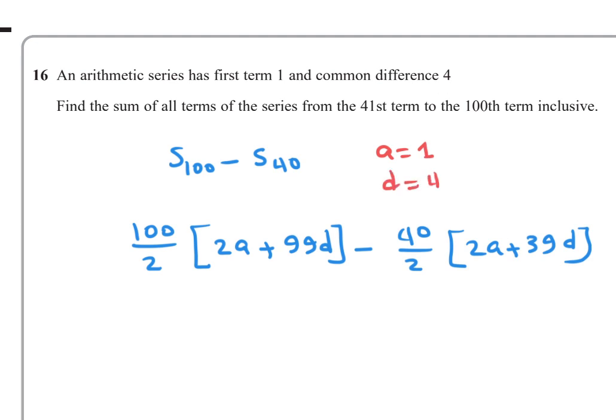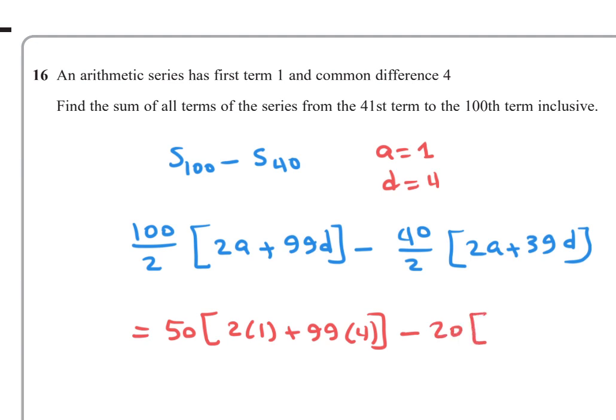Then substitute to find the answer. So 100 over 2 into 2a, 2 times 1, plus 99 times 4, minus 40 divided by 2 equals 20, into 2a, so 2 times 1, plus 39d, so 39 times 4, equals 16,740.